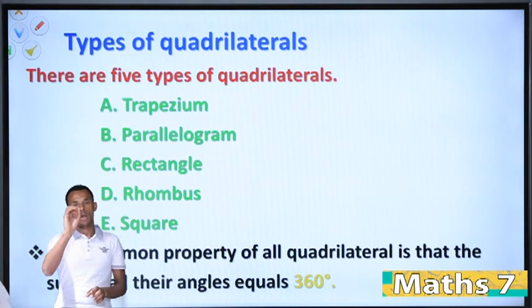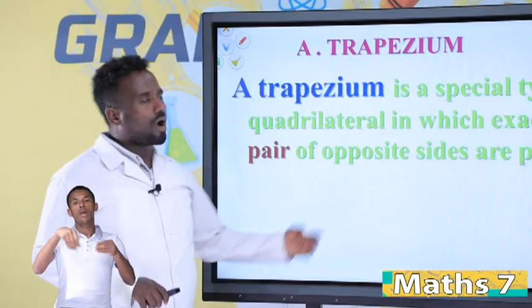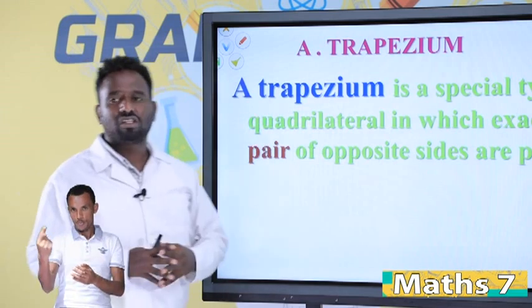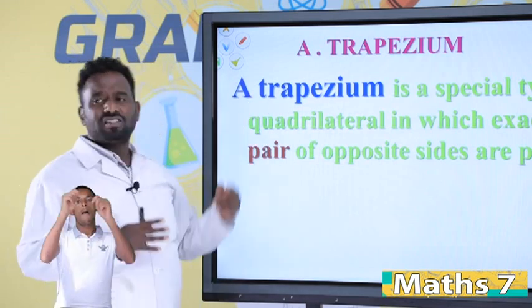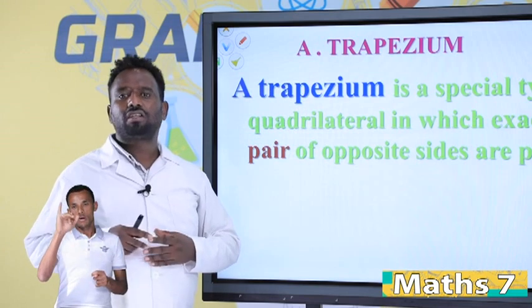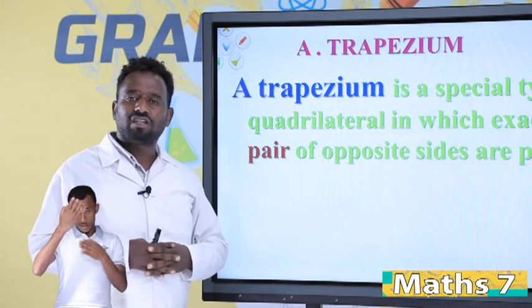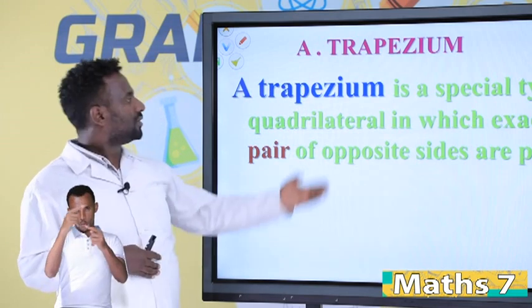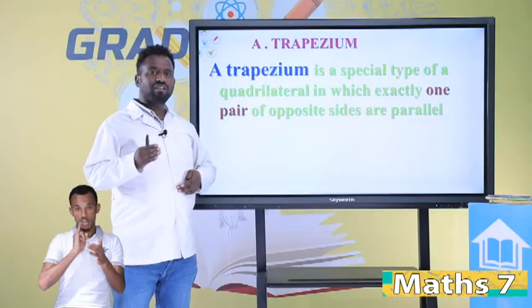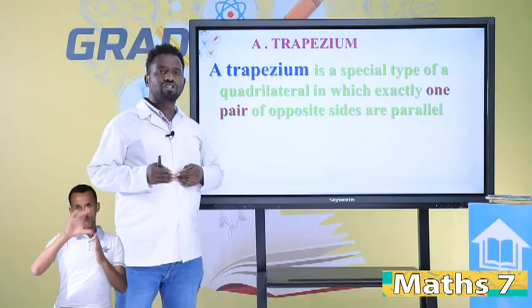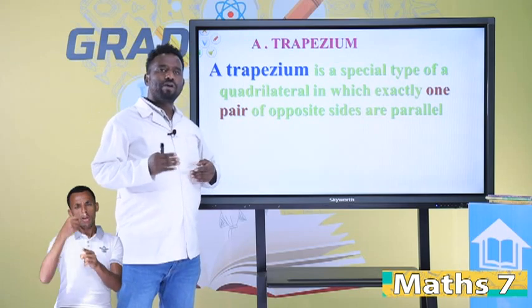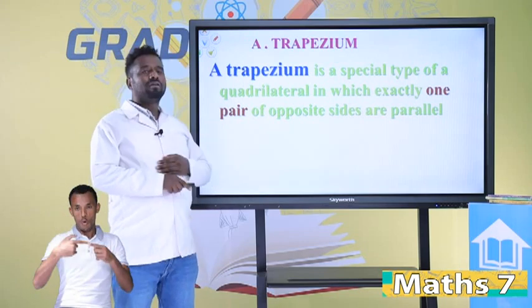Let's see all the given quadrilaterals one by one. Let's start from the trapezium. What does it mean, trapezium? You have learned it in grade 6 mathematics, geometric figure and measurement. A trapezium is a special type of quadrilateral in which exactly one pair of opposite sides are parallel.